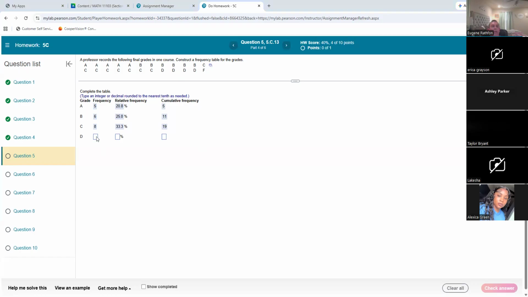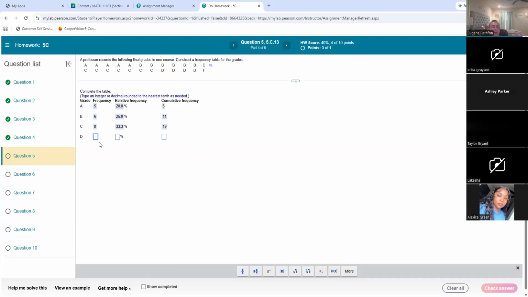All right, y'all, D, how many D's? 4, so 4 there. All right, so do 4 divided by 24. So I'm getting a 0.1666. So if we move that 2 over, you get a 16.666, which we're going to make a 16.7. Okay, so after you move it over, that 6 gets rounded up because it has another 6 after it, okay?